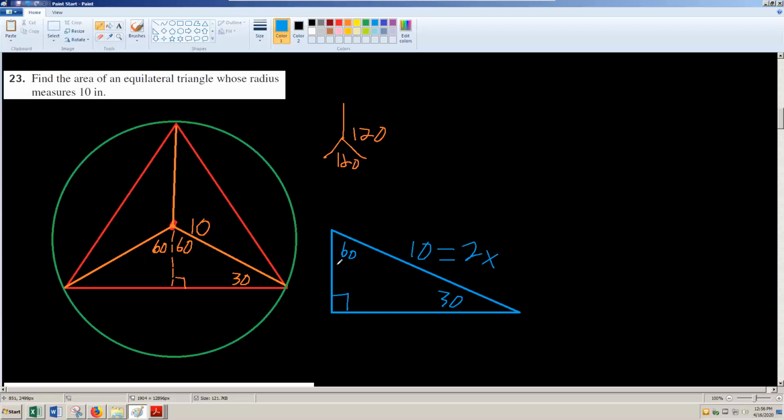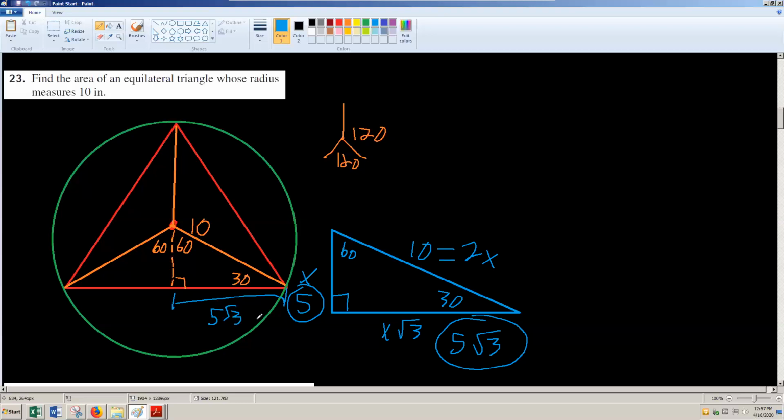So 2x goes here. Here I have my x value. Here I have x root 3. So if 2x is 10, that means x equals 5. And that means x root 3 is 5 root 3. So now I just figured out that this chunk from here to here is 5 root 3.